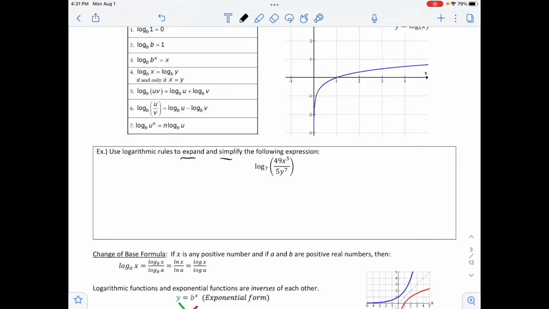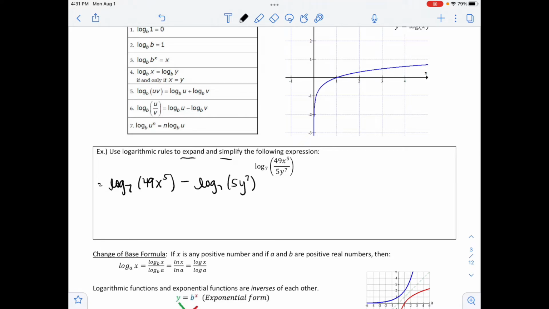I notice that we have a division here, 49x to the 5th divided by 5y to the 7th, and I'm able to use rule 6 and rewrite this as log base 7 of 49x to the 5th minus log base 7 of 5y to the 7th power.